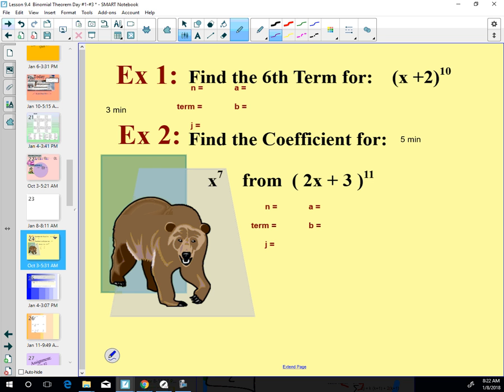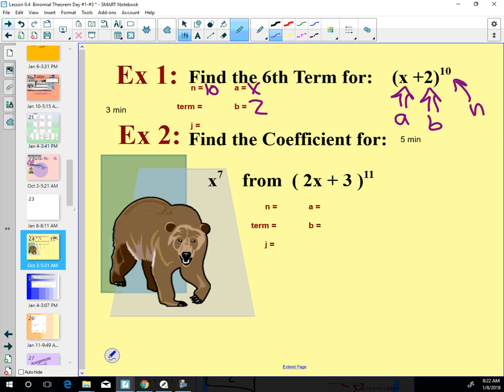We're going to list the things that can be put into a formula. So the power n is 10. A is the first part, and B is the second part. So A is x and B is 2.